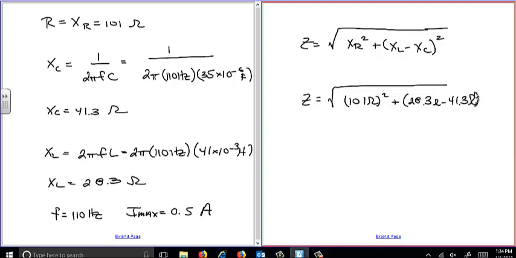And I'm just going to double check, make sure that I am doing it in the right order. Always forget. So okay, impedance, X sub L minus X sub C, so that's correct.